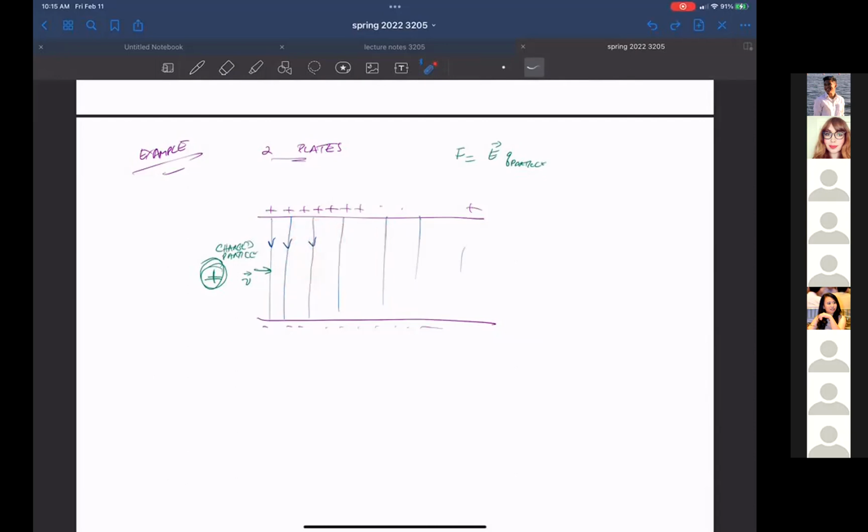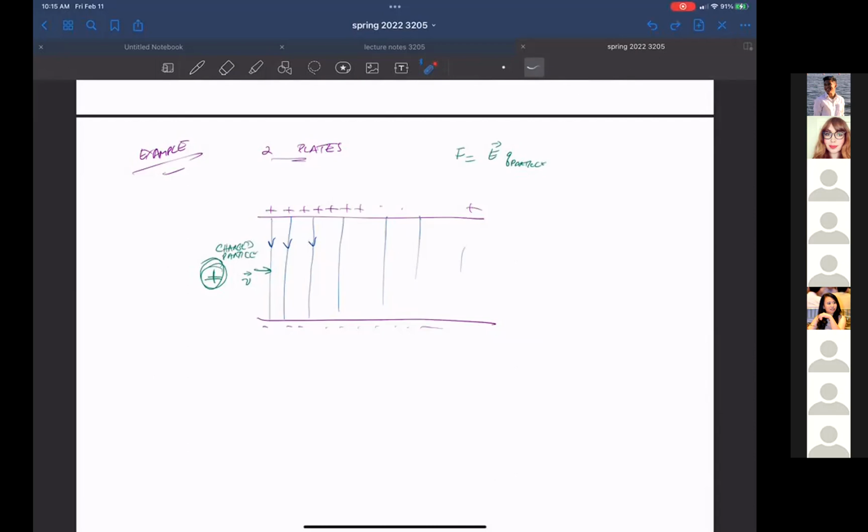But I think this is where you were going, is also there is no force in this direction. Right? This electric field, there's no force. If we assume there's no gravity here, this guy doesn't feel a force in this direction. Okay, so generally what happens is, remember that you only get acceleration when there is a force.